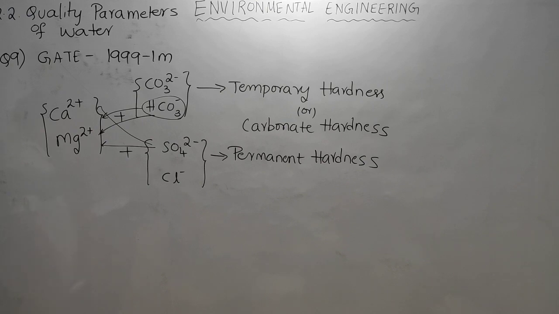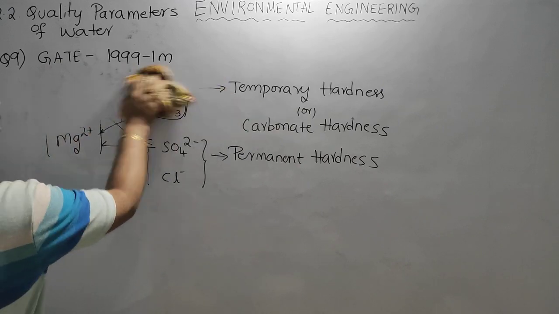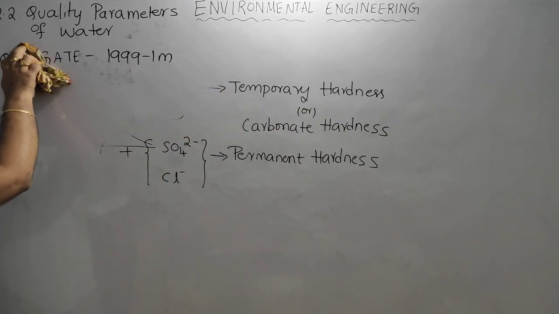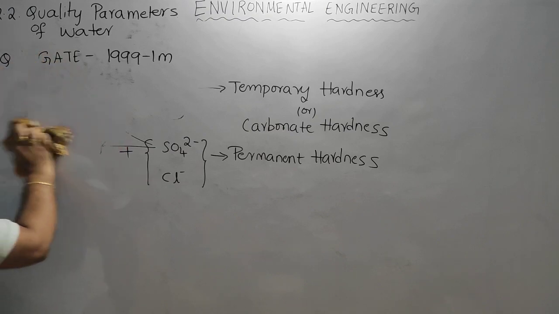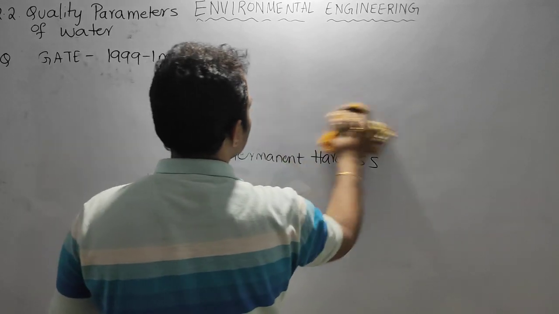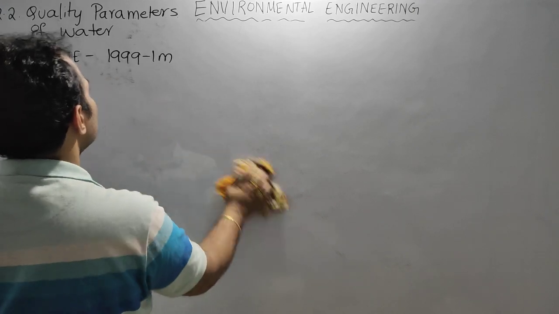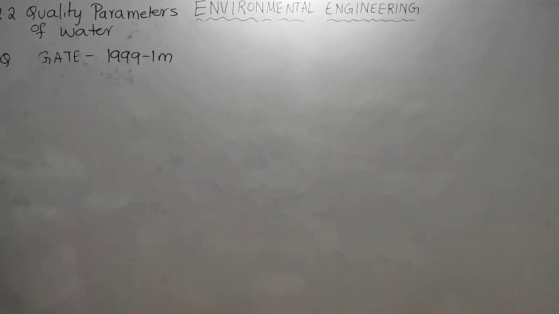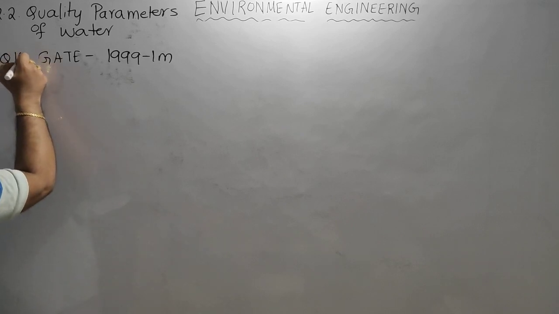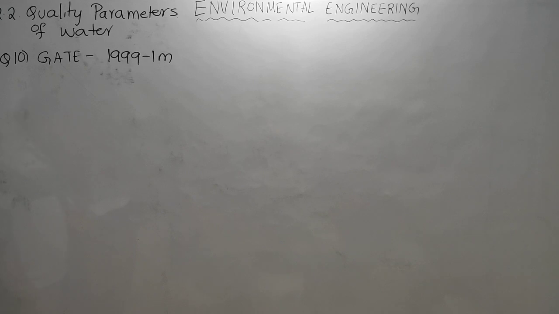Question number 10. 1999, 1 mark again. The question is again theoretical. Blue baby disease, methemoglobinemia in children is caused due to the presence of.